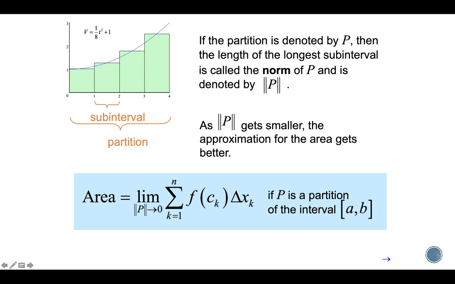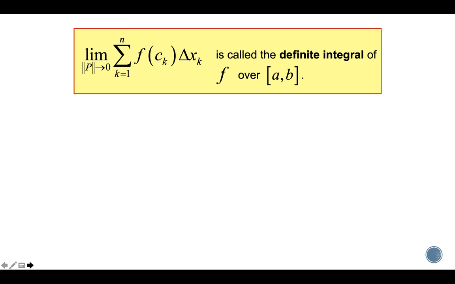So for the kth number. If P is a partition of the interval a to b inclusive, this value is called the definite integral of f over a, b inclusive.